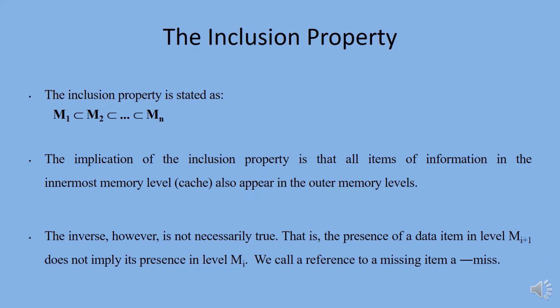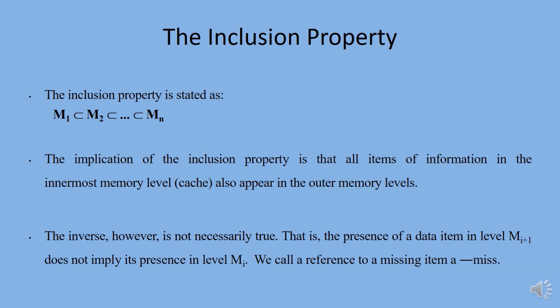In other words, if an information word is found in Mi, then copies of the same word can also be found in all upper levels Mi+1, Mi+2, up to Mn. However, a word stored in Mi+1 may not be found in Mi.